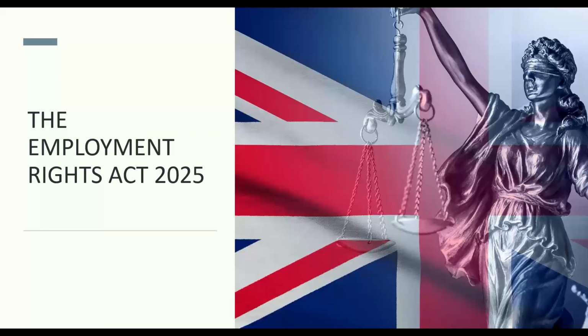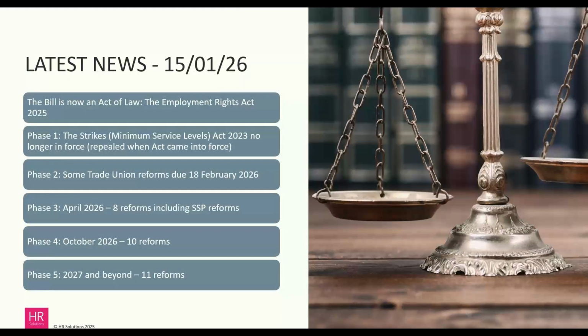So at the end of every webinar I'm going to bring you a quick update on where we are in general with the reforms. The first thing to say is that just before Christmas, on the 18th of December, the bill, what was known as the Employment Rights Bill, became an act of law, and it is now known as the Employment Rights Act of 2025.